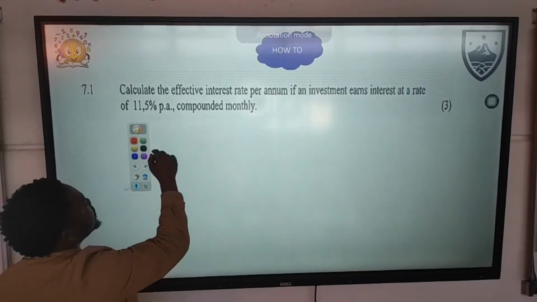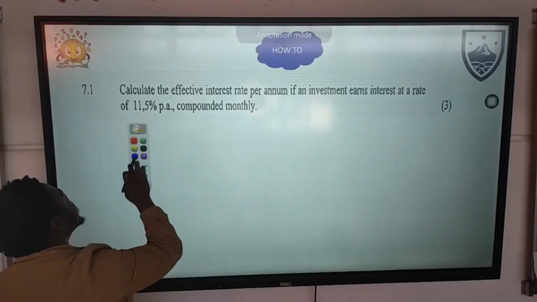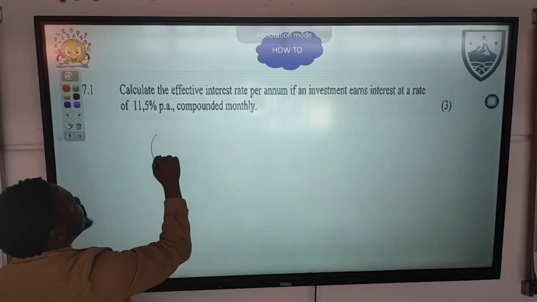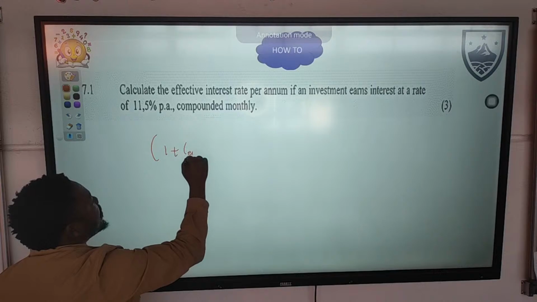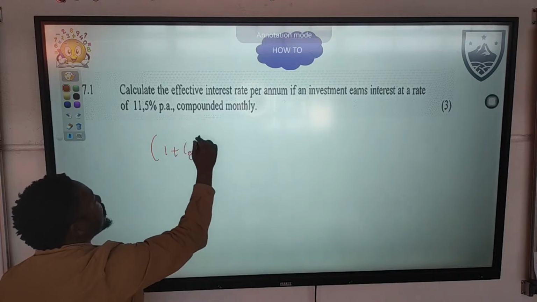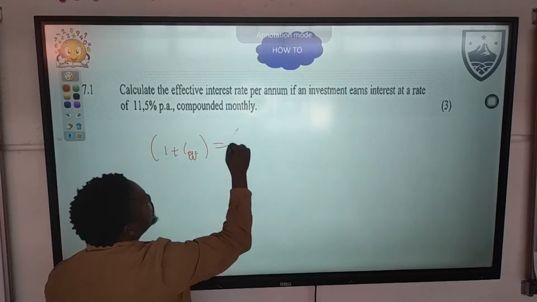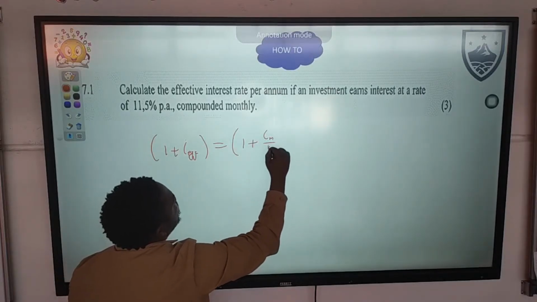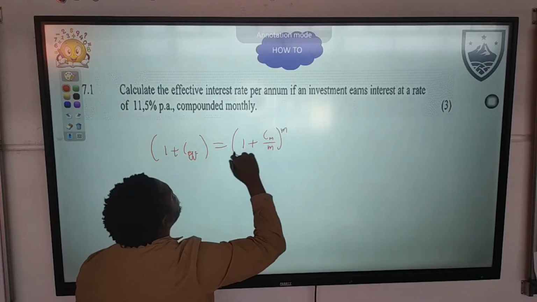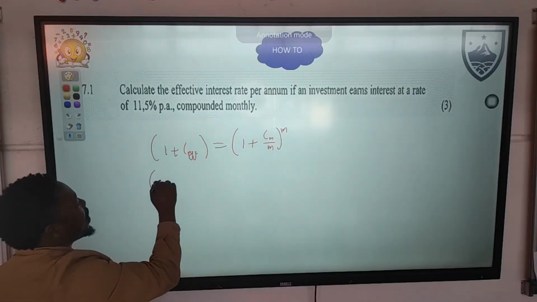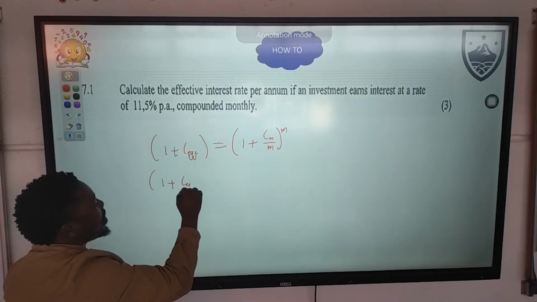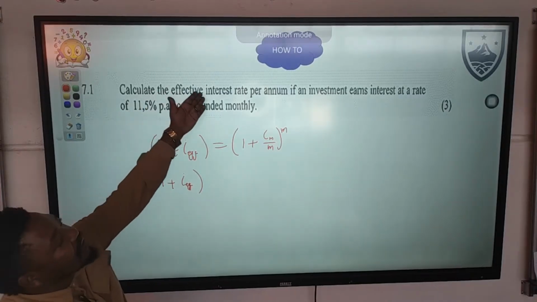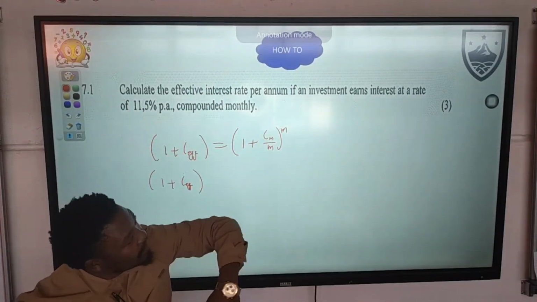Let's write the formula before we start substituting. If an investment interest rate of 11.5% per annum is compounded monthly, what is the effective interest rate per annum?